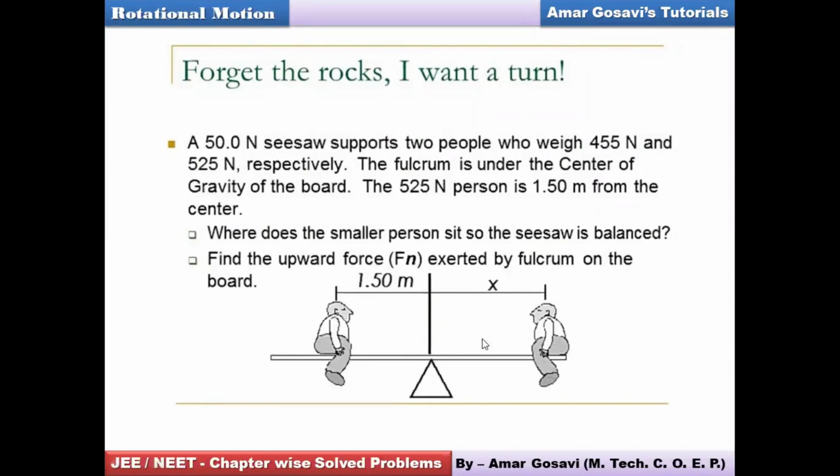Obviously, these two people are going to exert some force on the fulcrum, and as per Newton's third law, this fulcrum will exert a normal force upward. So we are supposed to estimate that force as well. Let me know if you have noted down this problem, so that we move ahead to solve it using the conditions of equilibrium.